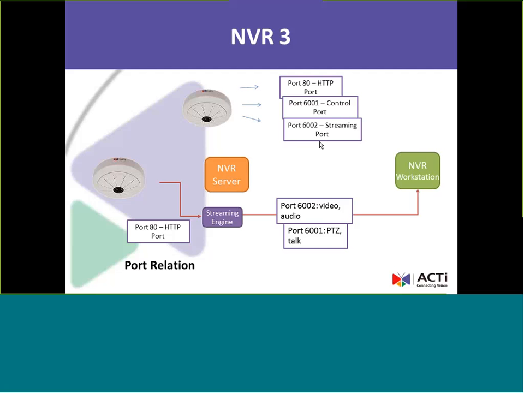All the display and the rendering is done by the HTTP port. So you need to be sure that when you are making a port forwarding, these ports are forwarded correctly to the switch in order for the NVR to be able to take this stream of information and display it.